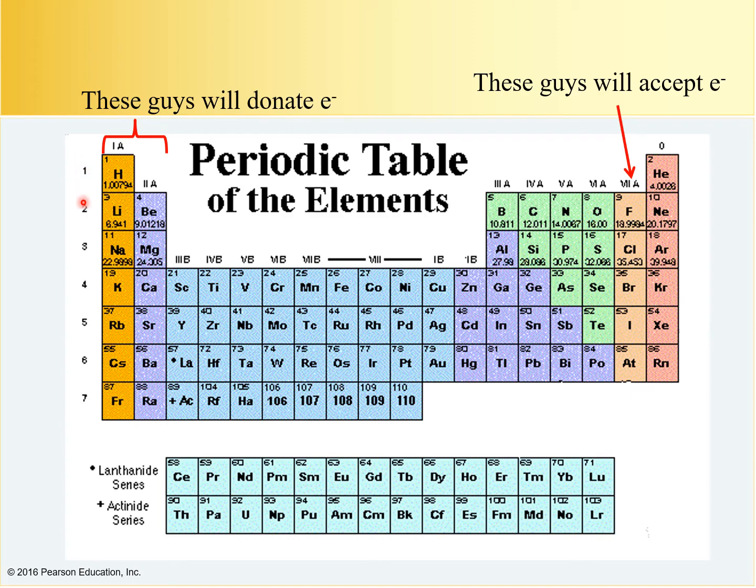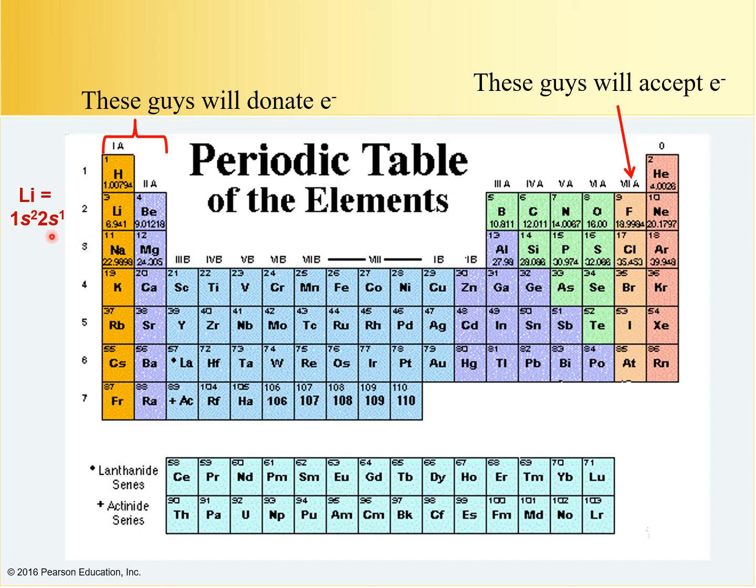So these guys over here on the right are going to tend to accept electrons. On the other hand, these guys over here on the left side of the periodic table are going to want to donate electrons. So for instance, if we consider the electronic configuration for lithium, its configuration is 1s2, 2s1. So 2 electrons in the 1s orbital, 1 electron in the 2s orbital.